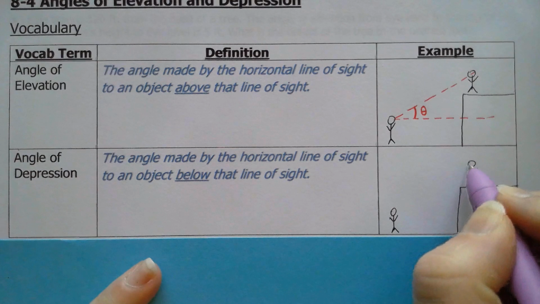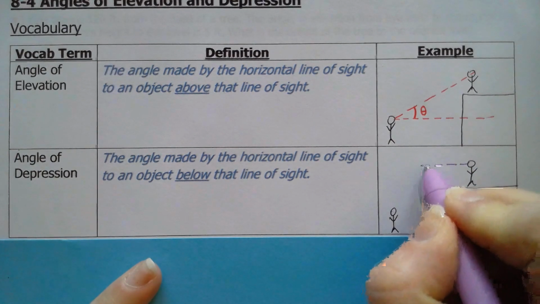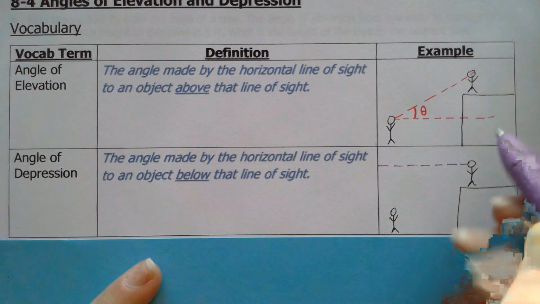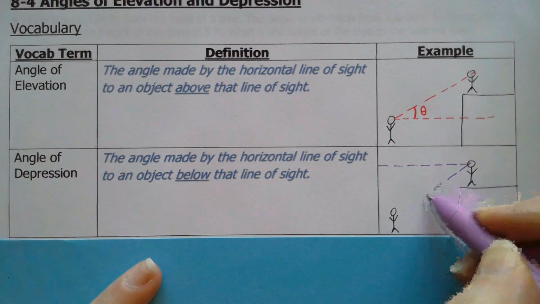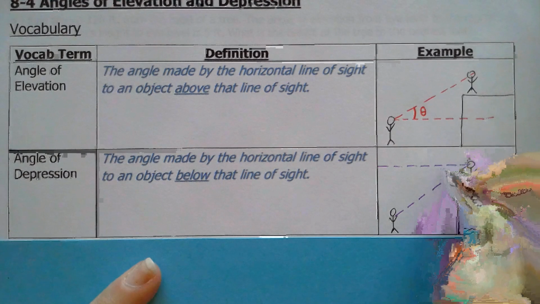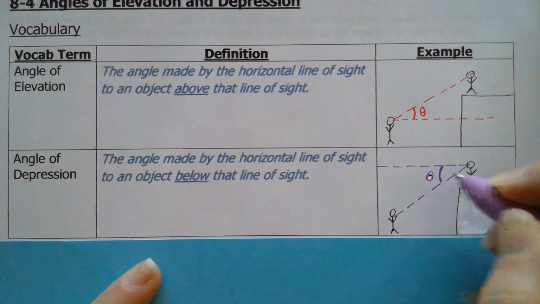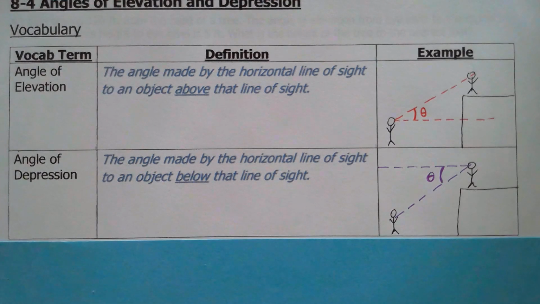That would be the equivalent of the person looking back at his friend. There is his horizontal line of sight, and if he looks down at his friend, we call that an angle of depression, because the angle is decreasing from his horizontal line of sight.